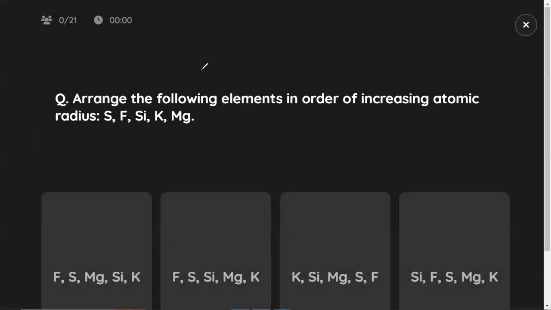Just to avoid any confusion here, increasing order means we're going from small to big.